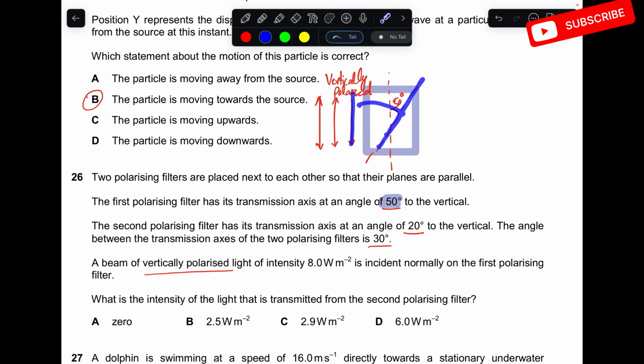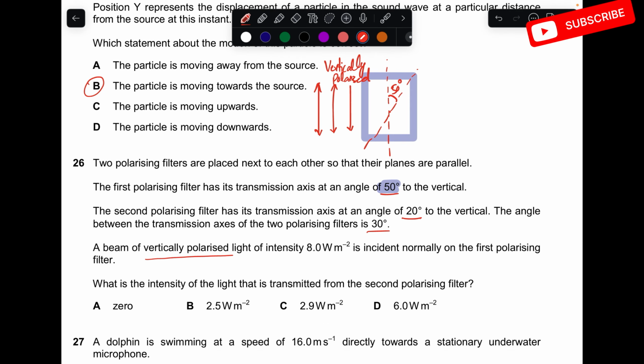So when you apply Malus's law, the incoming beam is vertically polarized with intensity 8.0 watt per meter square. When it goes out, how can we find it?